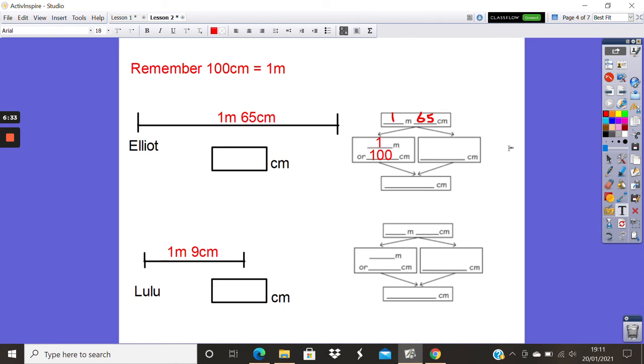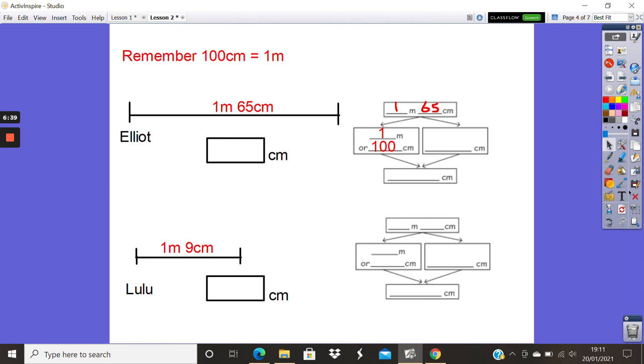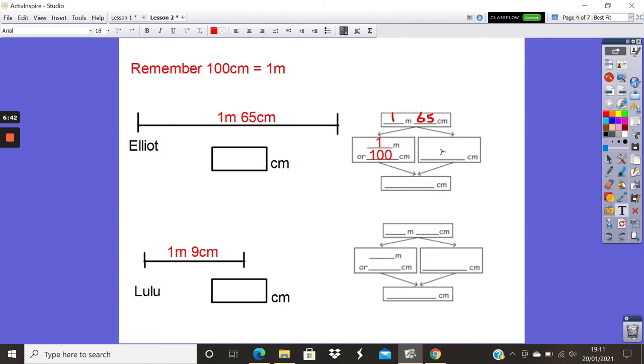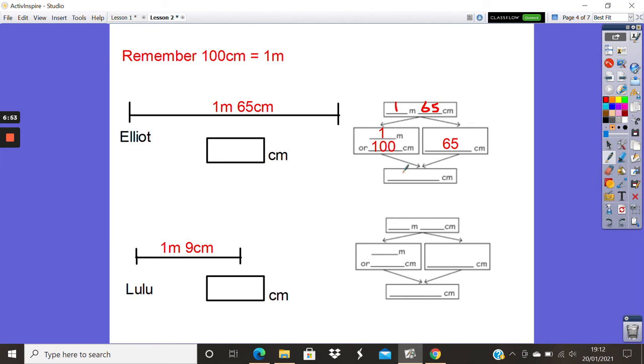Okay, so same as 100 centimetres, and then here we will have 65 centimetres left. So I'll write that in this box. 65 centimetres. And to convert all of that into centimetres, that would give us 165 centimetres. Okay, so 165 centimetres. So we converted that from metres into centimetres.